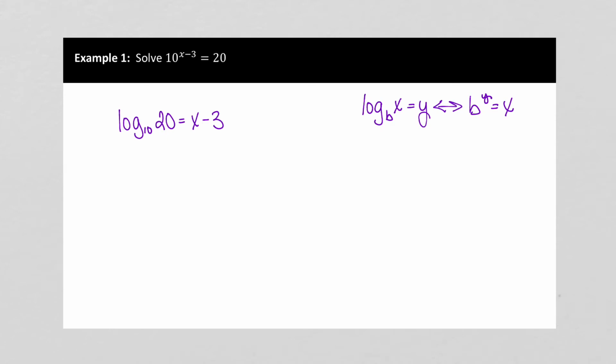Because log base 10 is just log in our calculator or Desmos. We don't have to worry about the base because it's a common log. And we can easily solve this for x by adding 3 to both sides. So x will be log of 20 plus 3. And that can be put in your calculator easily to get 4.301.